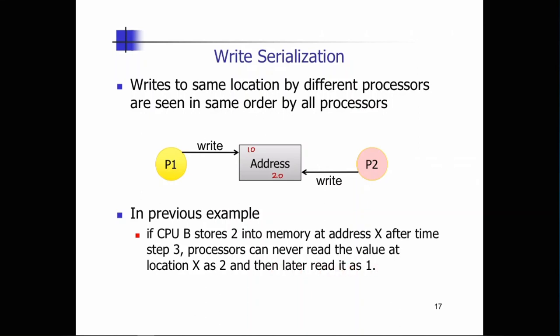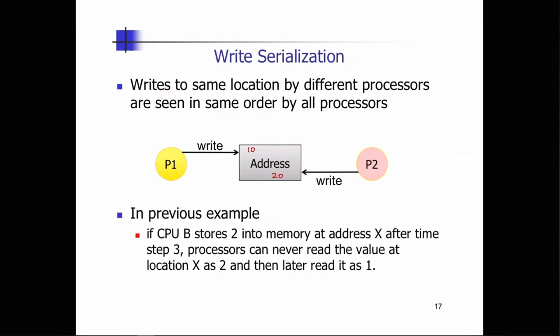They will read it as 1 came first and then it got updated to 2, and not the other way around. So that's called write serialization, the processors viewing the writes in the same order in which they happened.